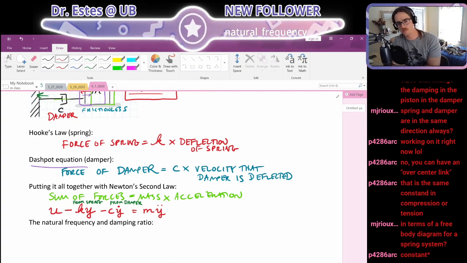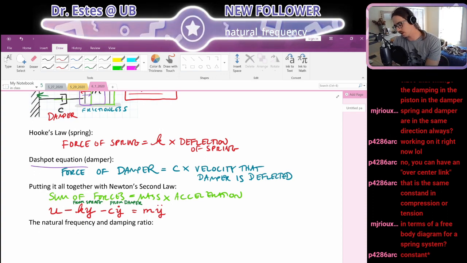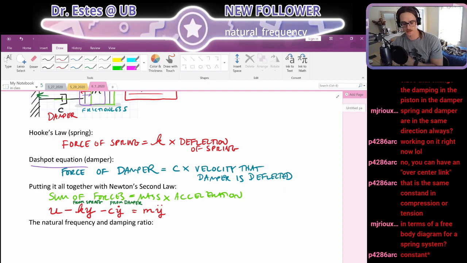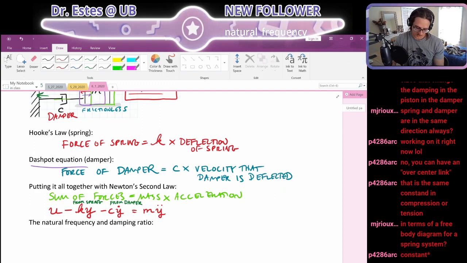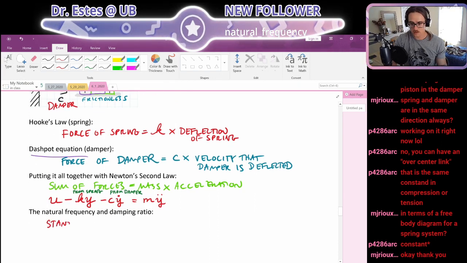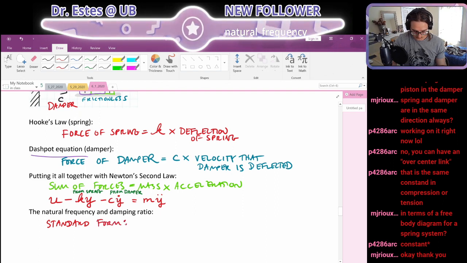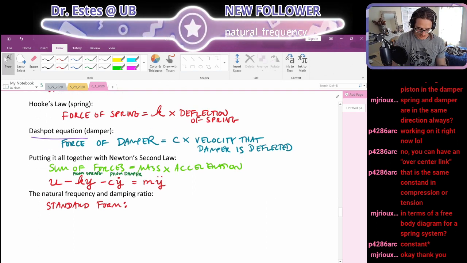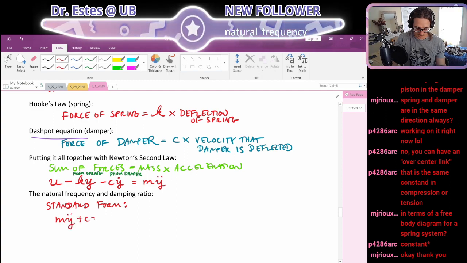What I want to do is put this in the standard second order form so that we can get the natural frequency and damping ratio. So let's put it in standard form. We're not at the standard form yet, I'll do it in two steps.